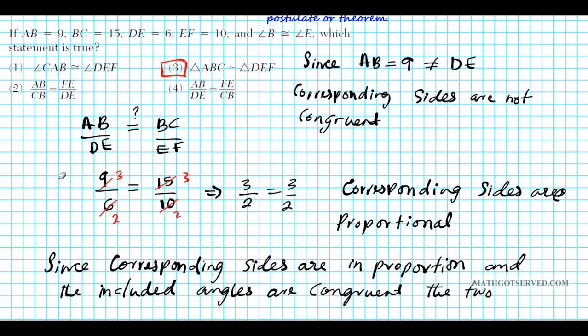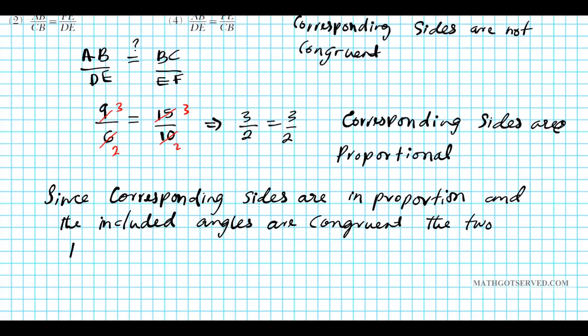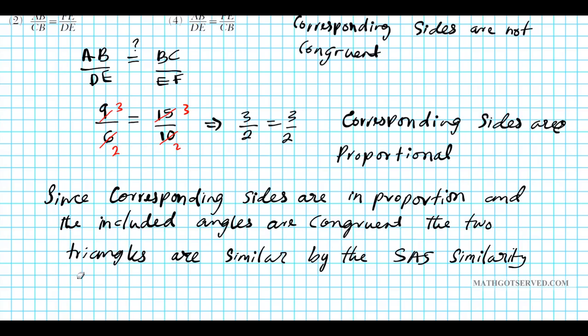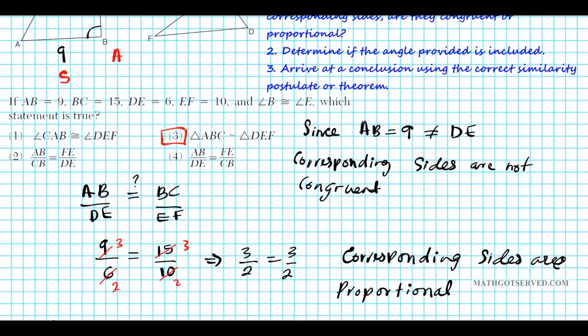The two triangles are similar. How do we know? By the SAS, side angle side, similarity theorem. Okay? So we can clearly see that our answer is option number 3.